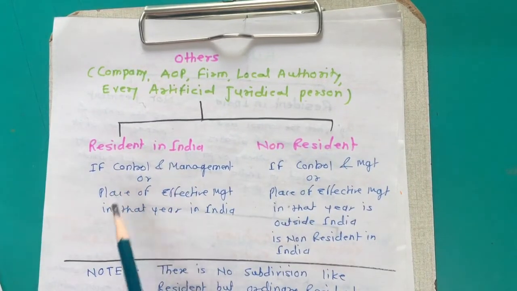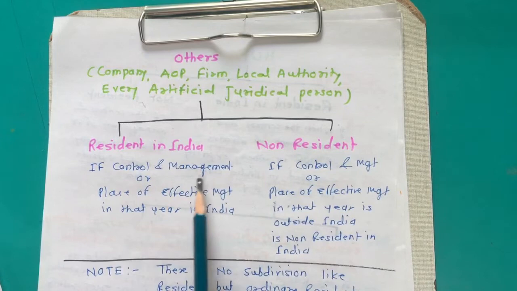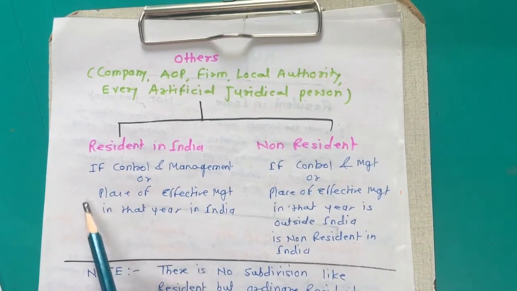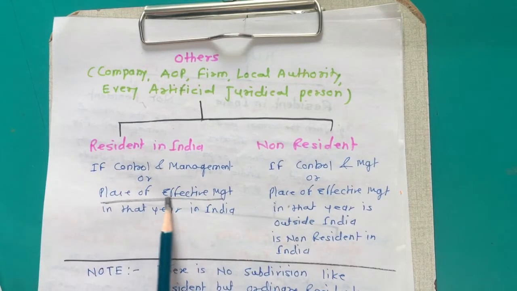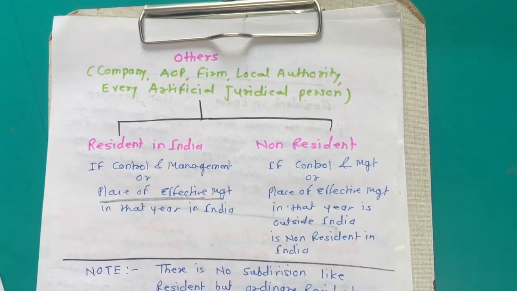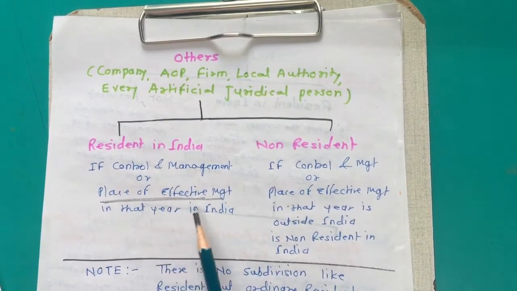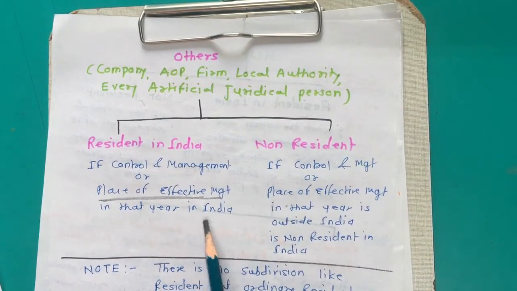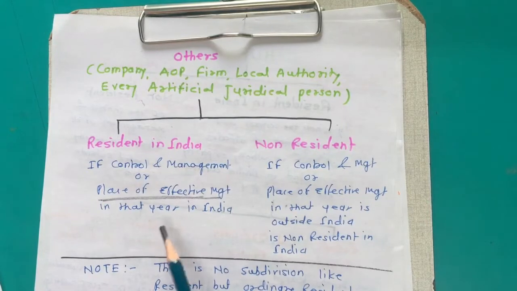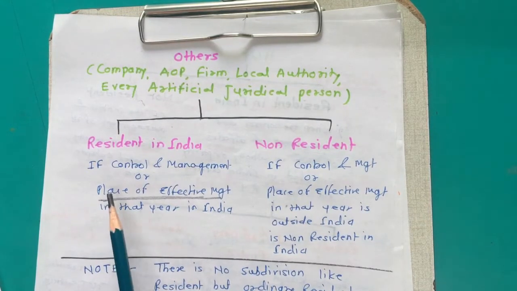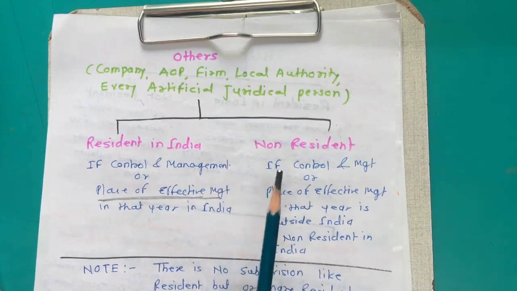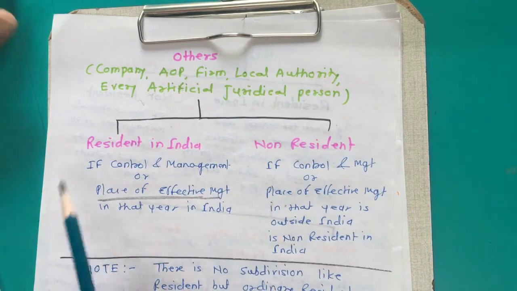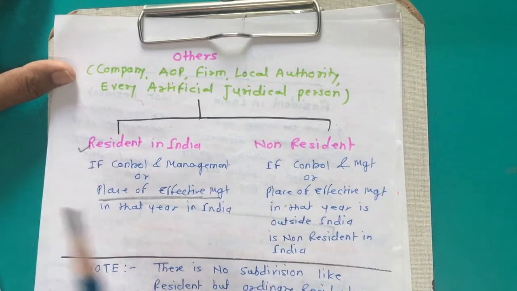Resident in India means if control and management or place of effective management, it is the most important word, in that year is in India, in such case the company or AOP or firm, local authority or every artificial juridical person is resident in India.